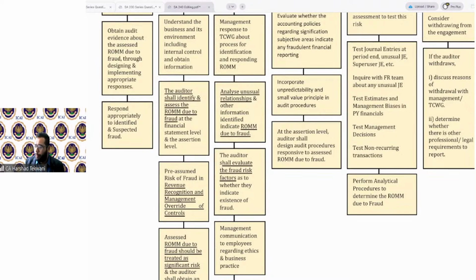Come on, guys. Pretty easy. Which are the fraud risk factors?